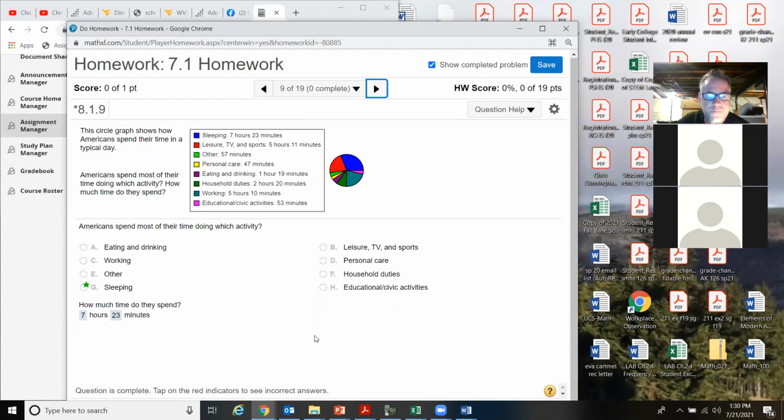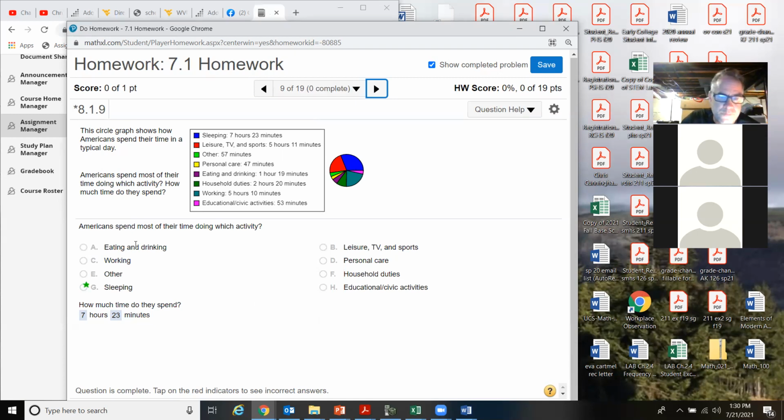Okay, so in this one, I'm not given a table per se. I'm given a circle graph that shows how Americans spend their time in a typical day. Sleeping 7 hours 23 minutes, leisure 5 hours 11 minutes, other things 57 minutes, personal care 47 minutes, and I can see the pie chart plotted out like this.